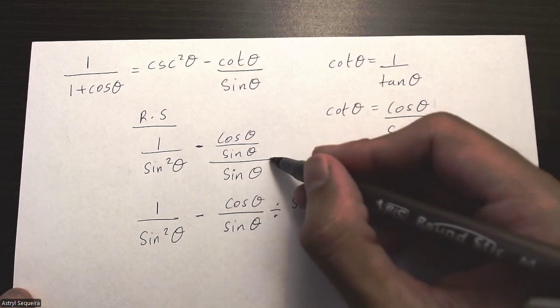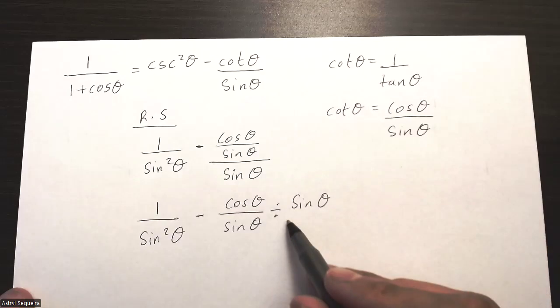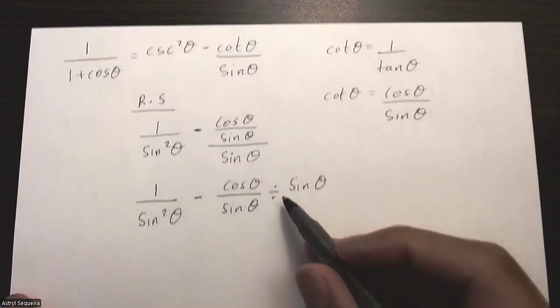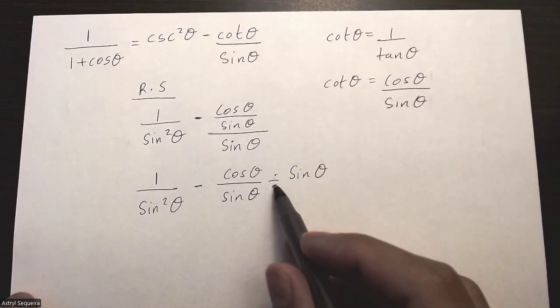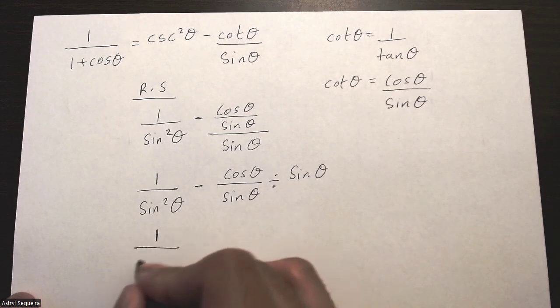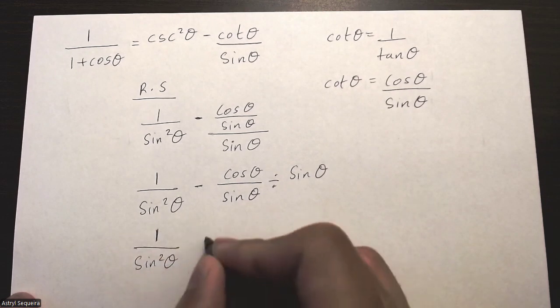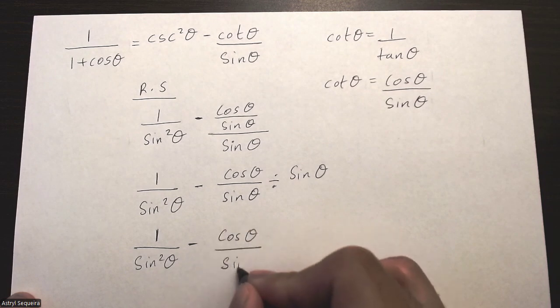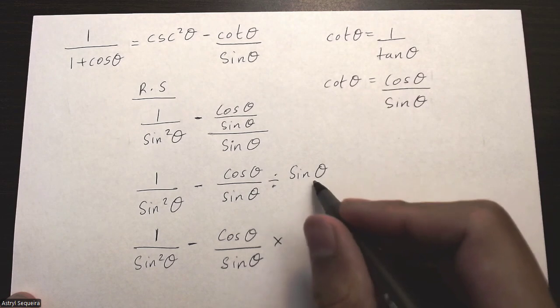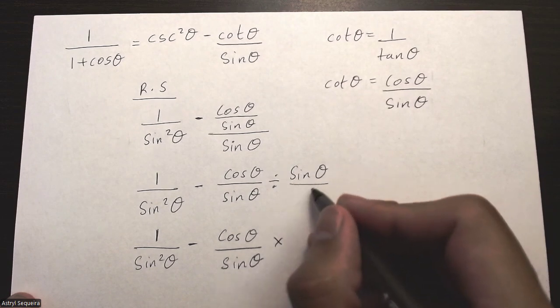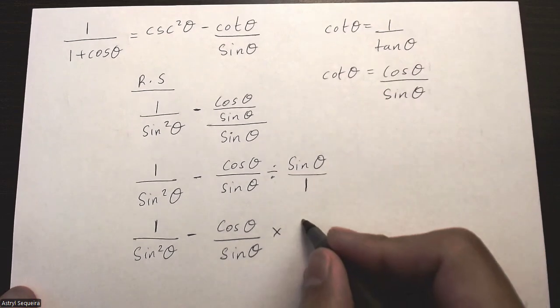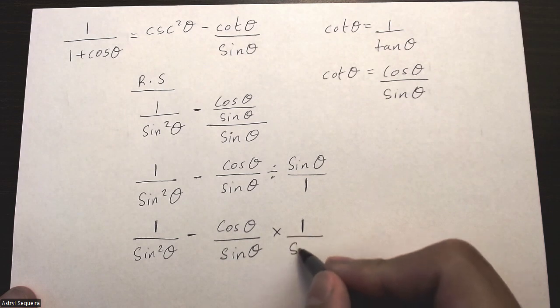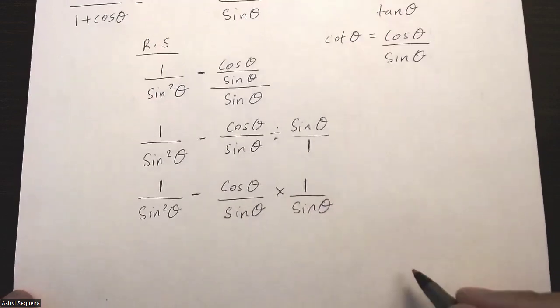So all I did was I converted this fraction right there into a divide sign. Next, I'll turn this divide into a multiply, and I will flip the fraction after it upside down. So if I flip sine theta upside down, remember there's just a 1 over here. It turns into 1 over sine theta.